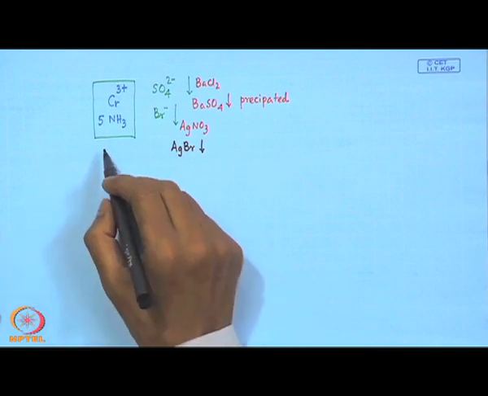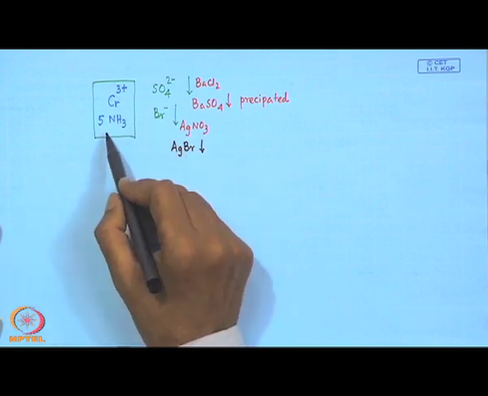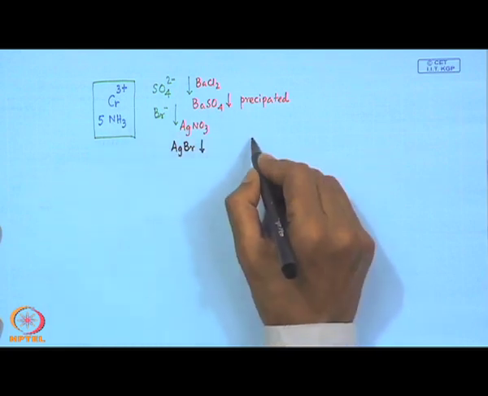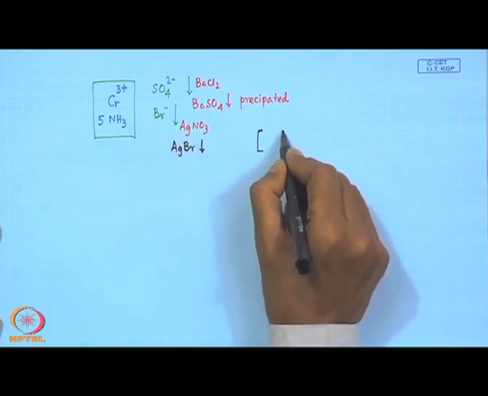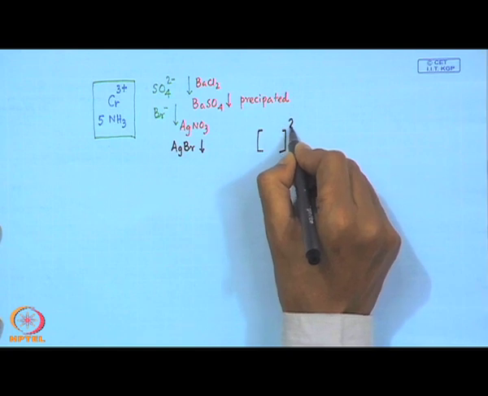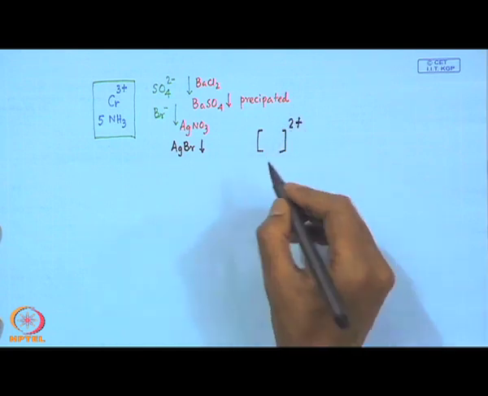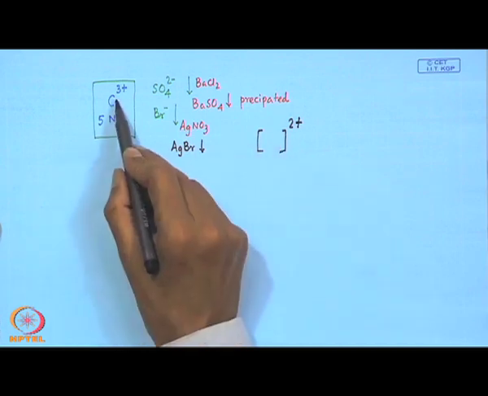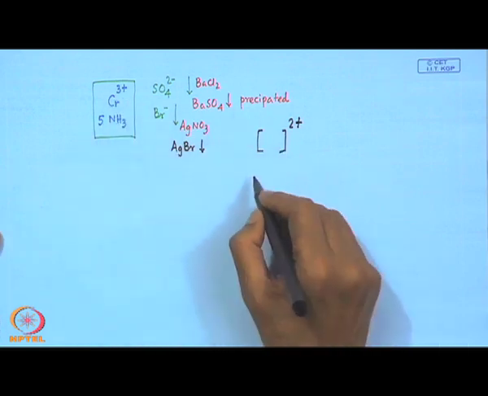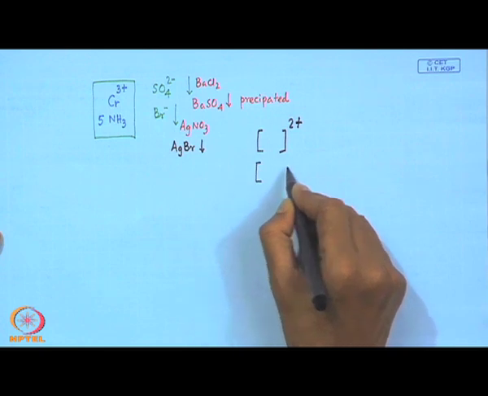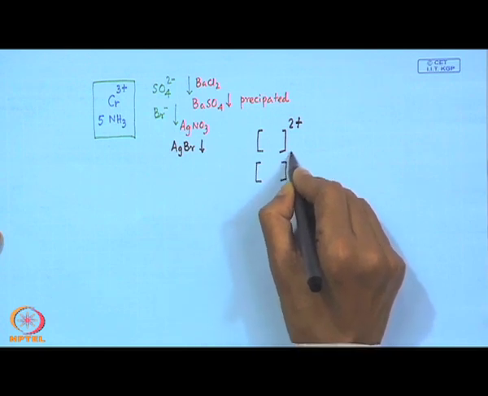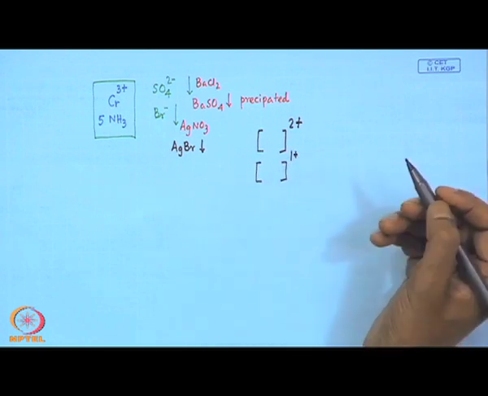Another physical characterization for this compound is that when Br is present inside, the overall charge on the complex is 2 plus, that means Br is neutralizing the 3 plus charge on the chromium center, but when sulphate is present inside, we have a charge of 1 plus.